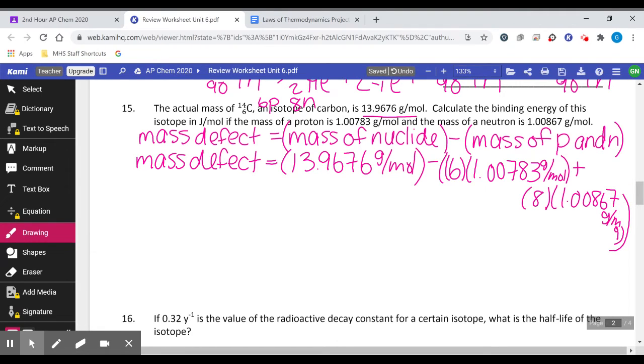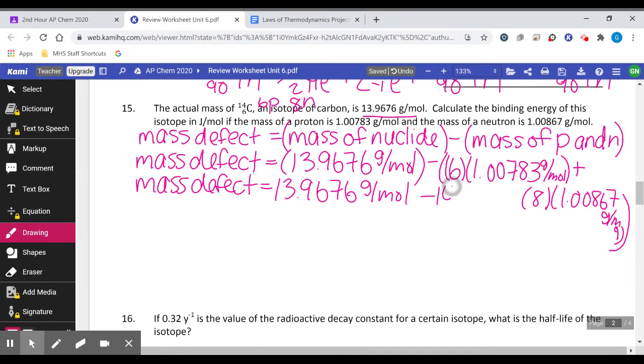When I do this math, for this last part I have minus 14.11634.